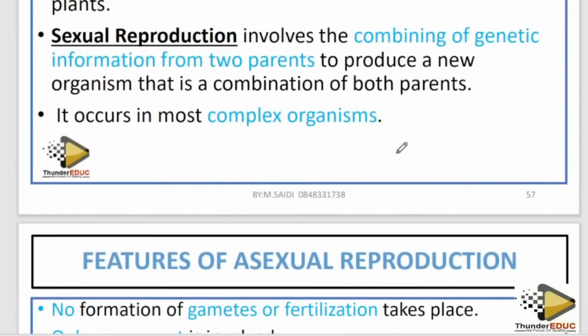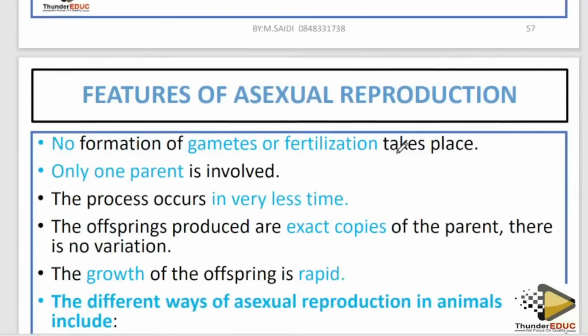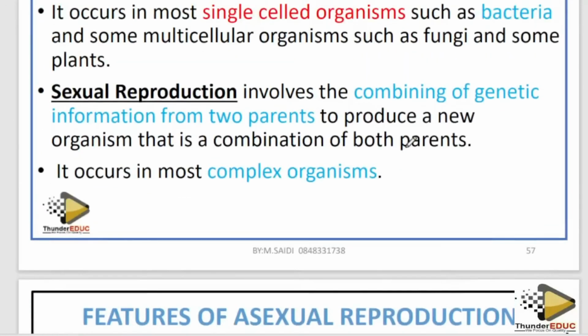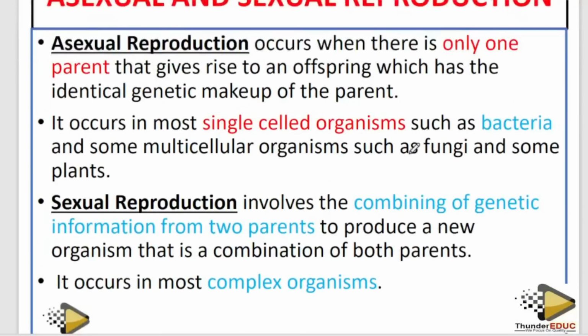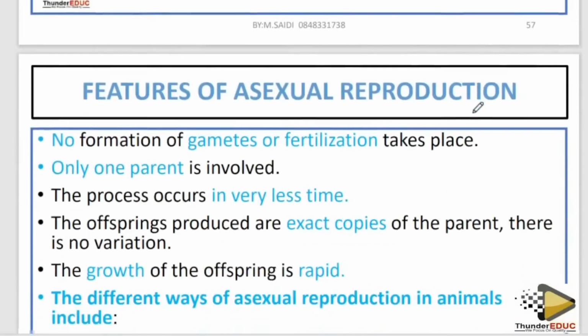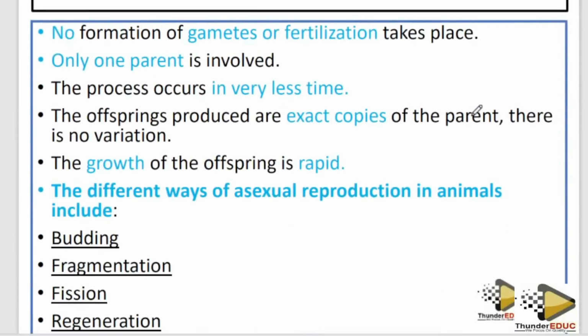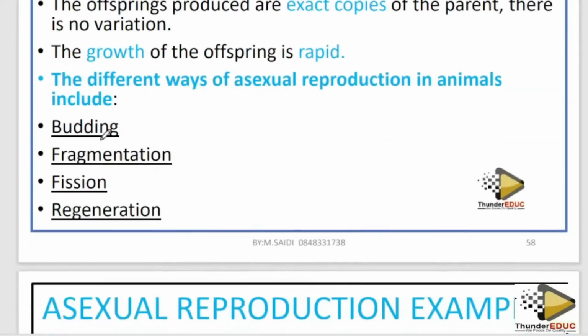Sexual reproduction: know that you require gametes and two parents. Asexual reproduction, you require only one parent. You understand? Examples are budding, fragmentation, fission.